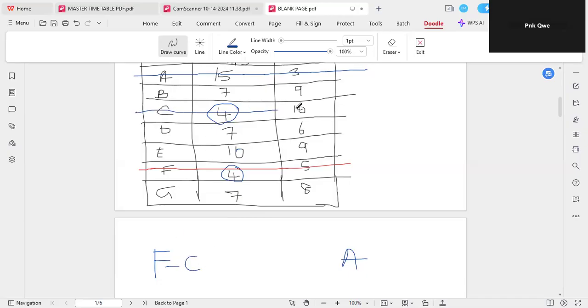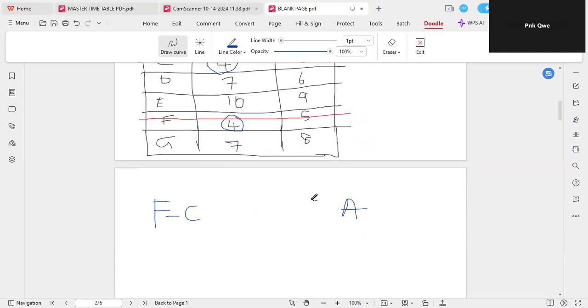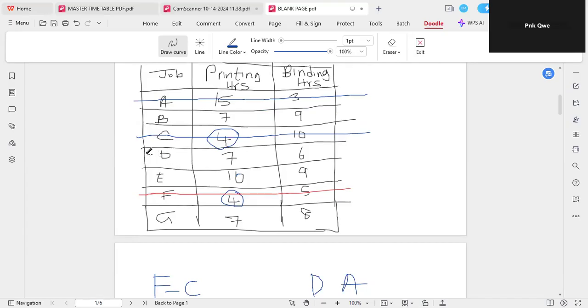Then the remaining shortest processing time here is actually 6. So you do job D at last. So D comes here. So do job D here, for D.